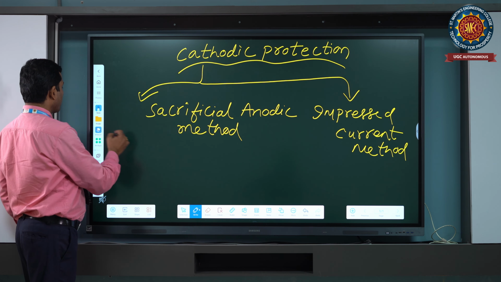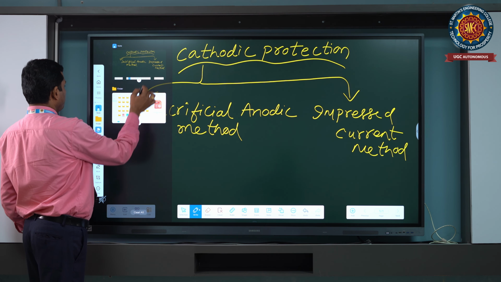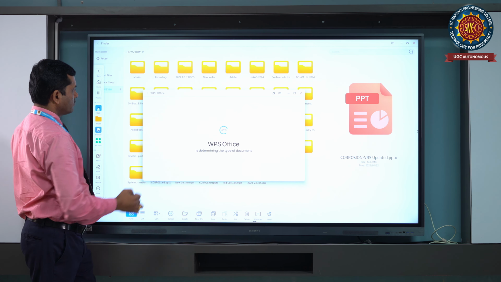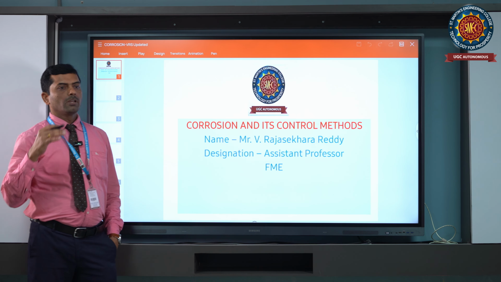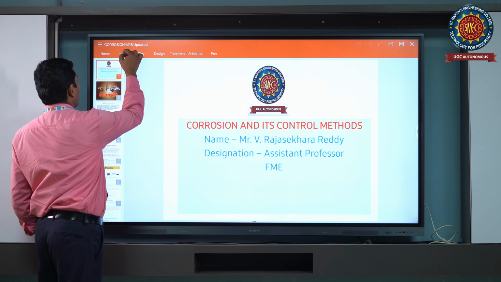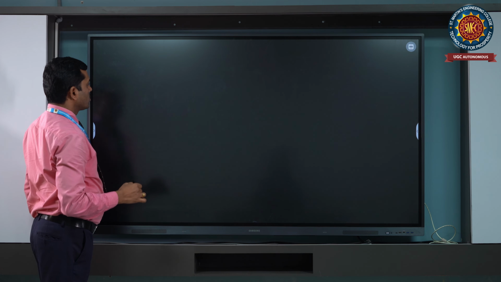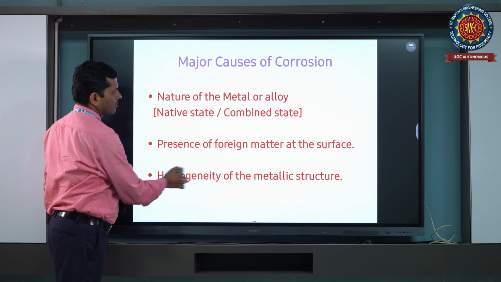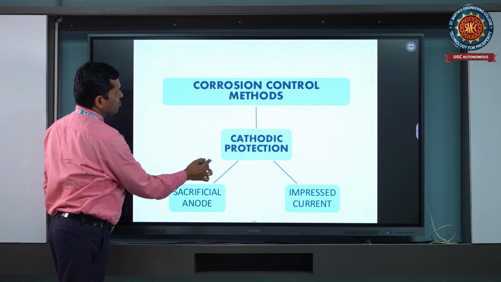We can see the diagram, which gives a good explanation of the process, and we can also see the video, where metals prone to different types of environments are protected by using these two methods.